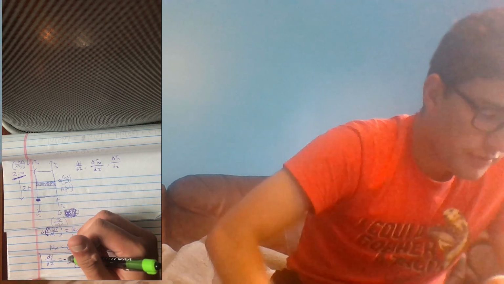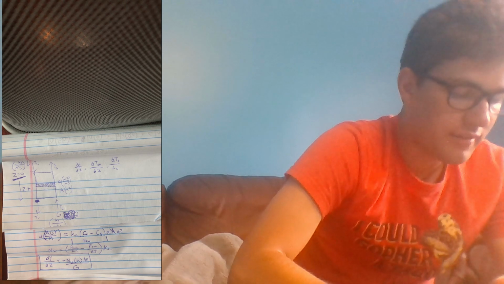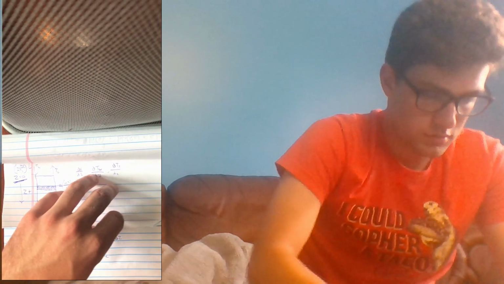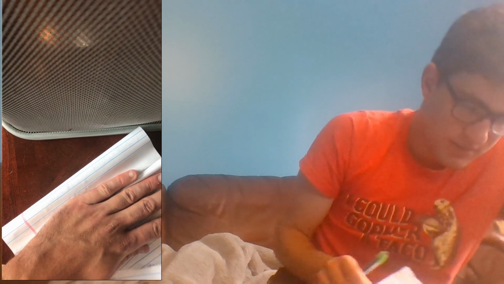It is the negative molar flux of water multiplied by the specific area, multiplied by the molecular weight, divided by the gas flow rate. And what I'm going to do is rip this part out because that will help us simplify this.